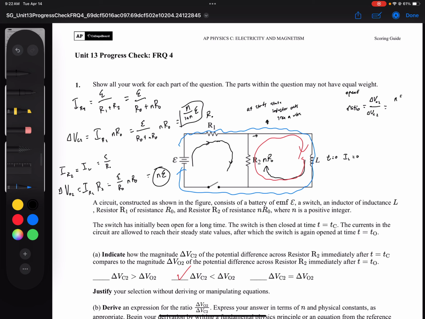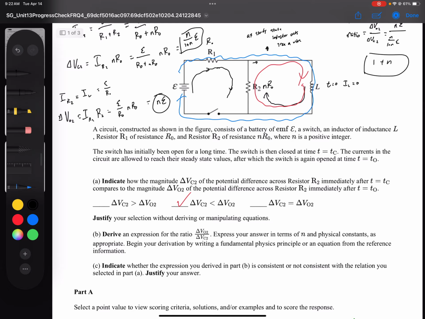So I have N times epsilon over N over 1 plus N times epsilon. And when you work out all the math, you end up with 1 plus N. And that's it for part B.